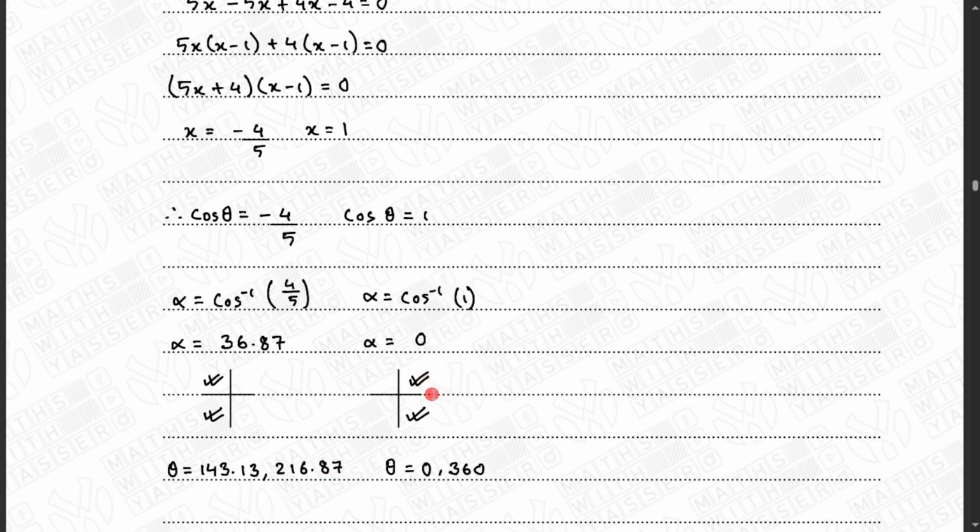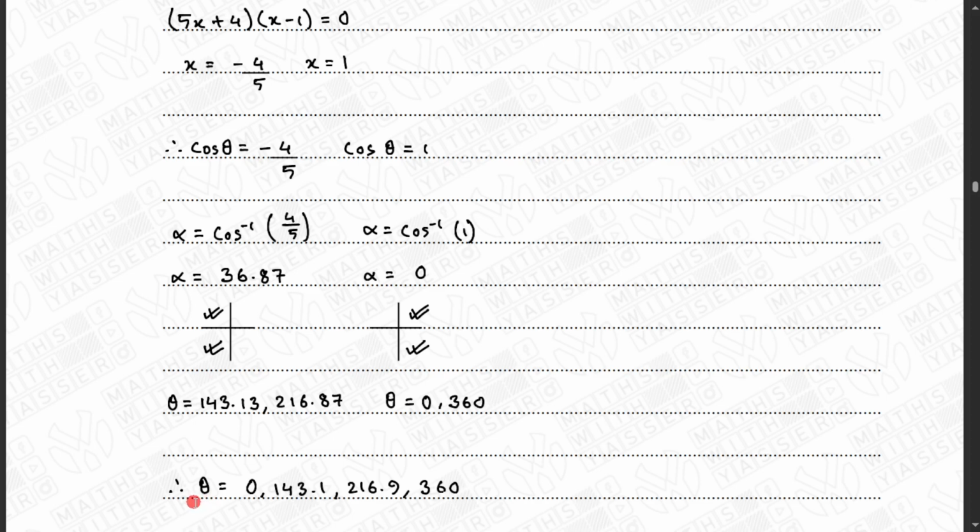And for the second part, our basic angle will be our actual angle. Also, for the fourth quadrant, it will be 360 minus 0, which will give us 360. So theta must be 0, 143.1, 216.9 and 360.